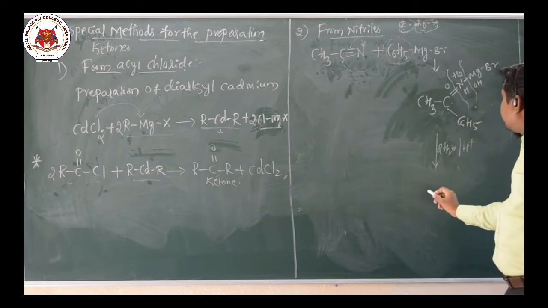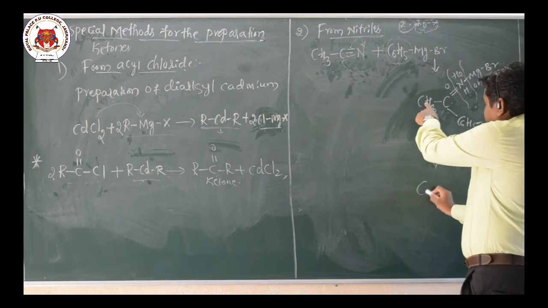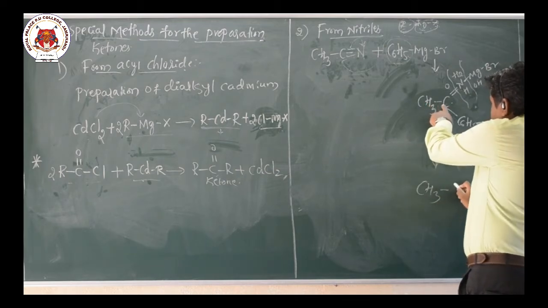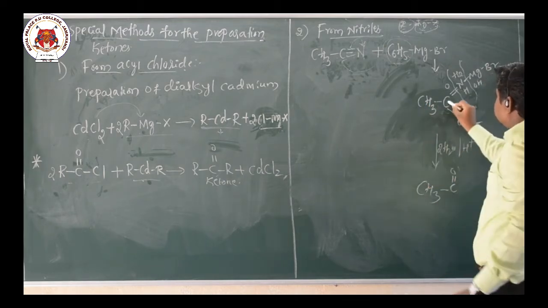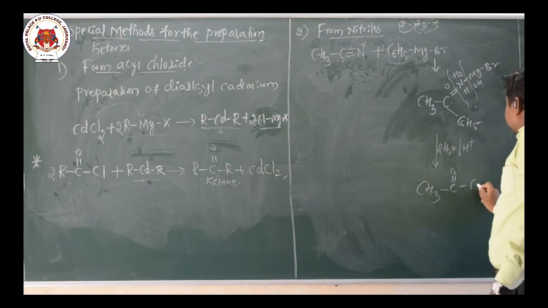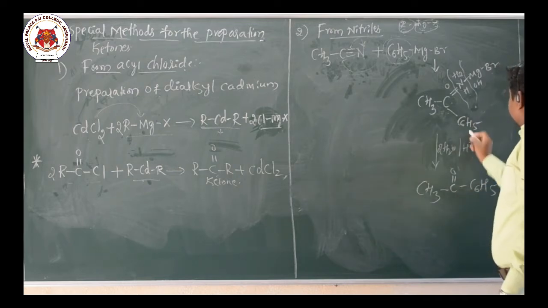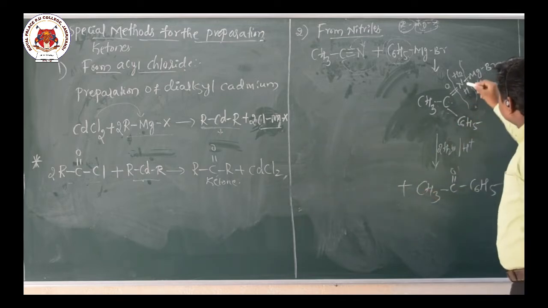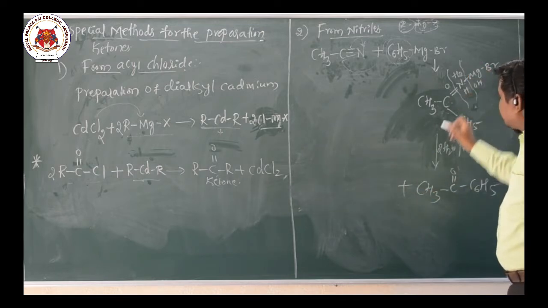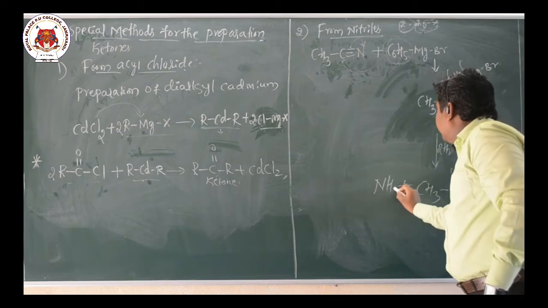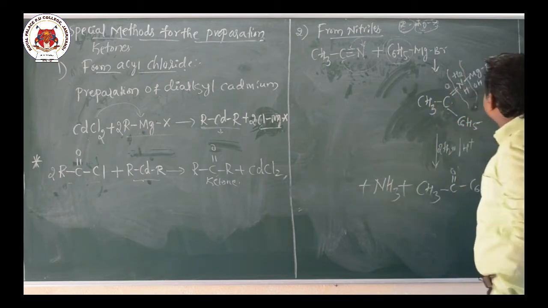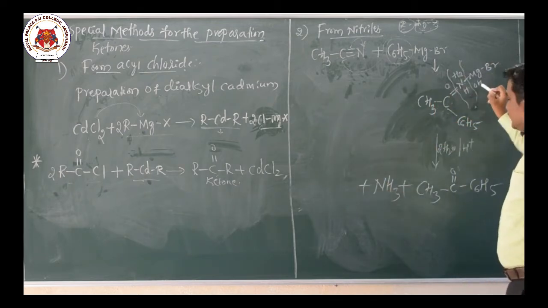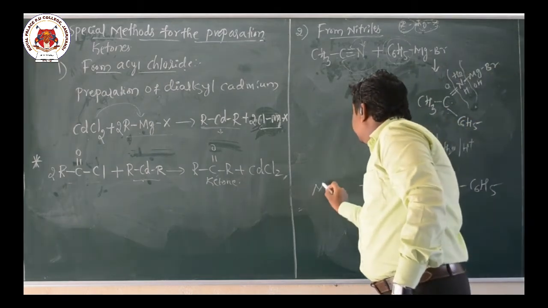Now the product is what? I will write here the product: CH3 C double bond O, C6H5, plus NH and H2, totally NH3 ammonia, plus one more part, MgBrOH.